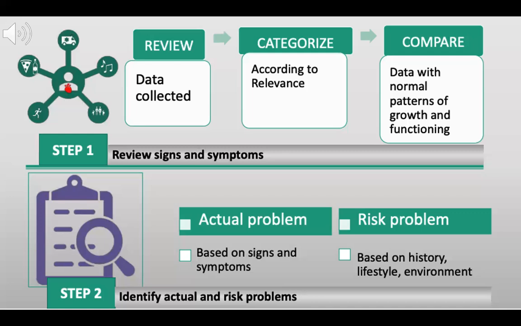Actual problems are those that reflect signs and symptoms of health problems, while potential problems are those that reflect health history, lifestyle, and environmental factors, or any other data, as long as they are not a sign nor a symptom. Data about the strengths, weaknesses, and resources are also necessary to plan for appropriate interventions and for a holistic plan of care.